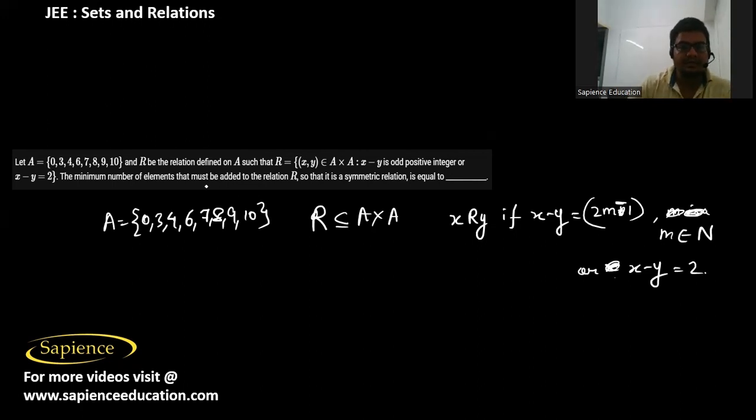Then the number of elements that must be added to the relation R so that it is a symmetric relation is equal to the number of elements that should be added to the relation R.